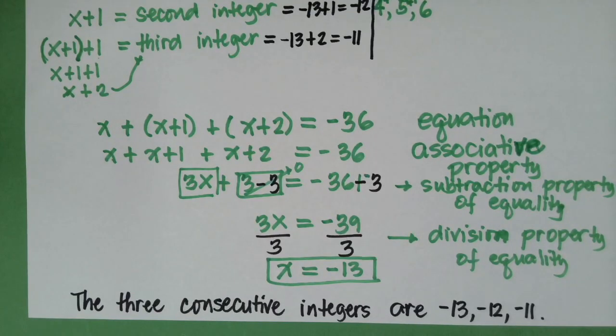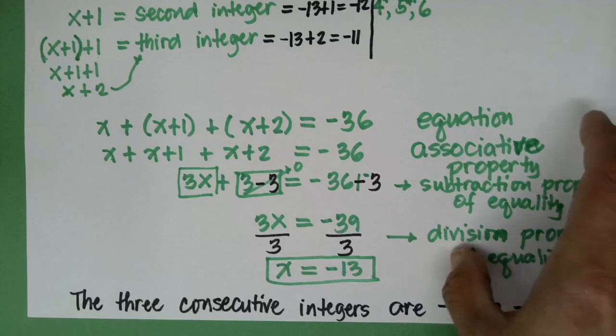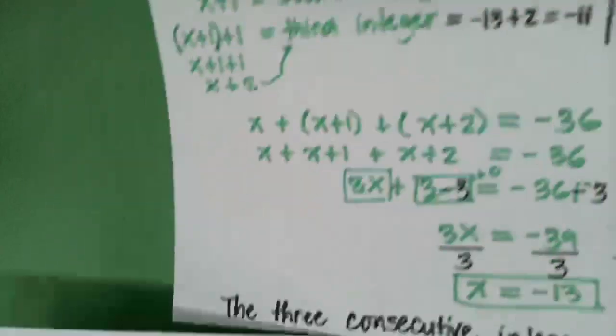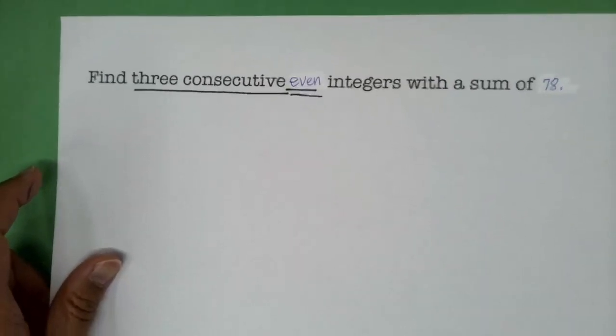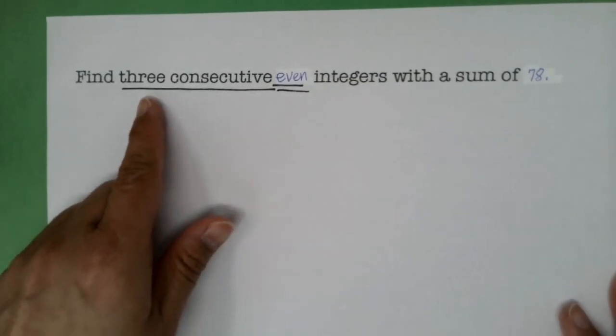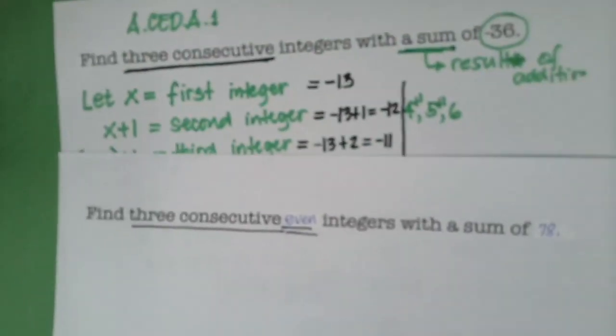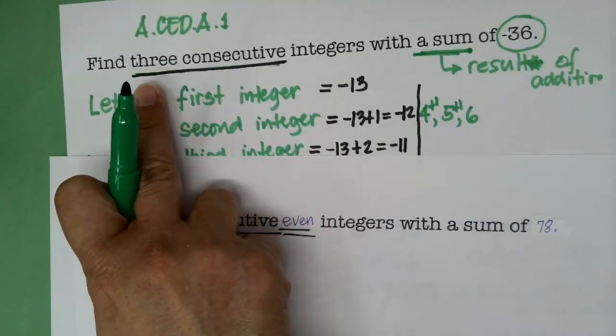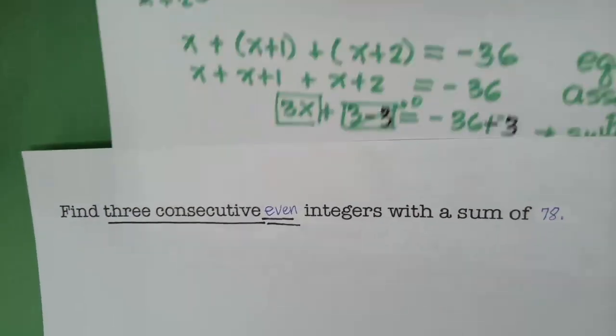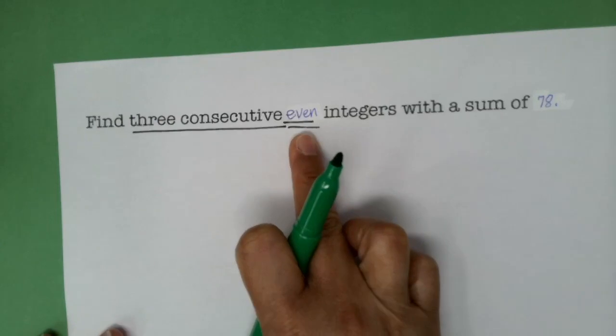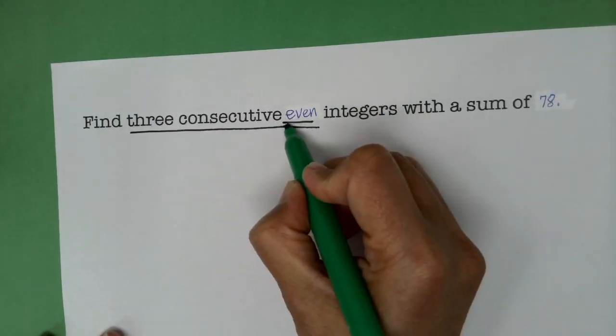Alright, let's move on to the next situation. I'd like to do the consecutive even integers first. So this time, unlike with the first, where we were asked to find just the three consecutive integers, we are asked to find consecutive even integers.